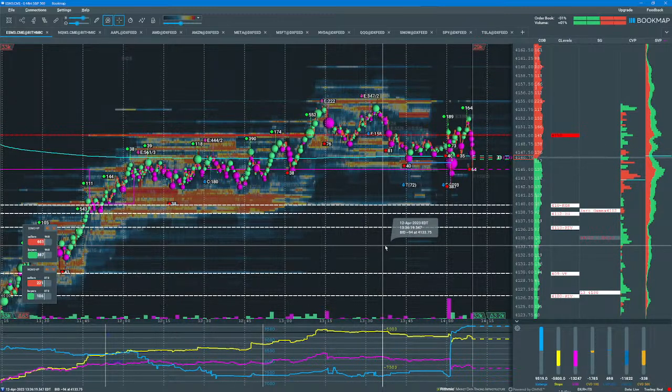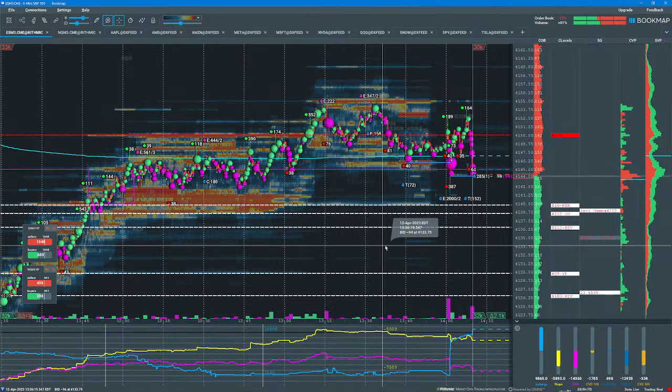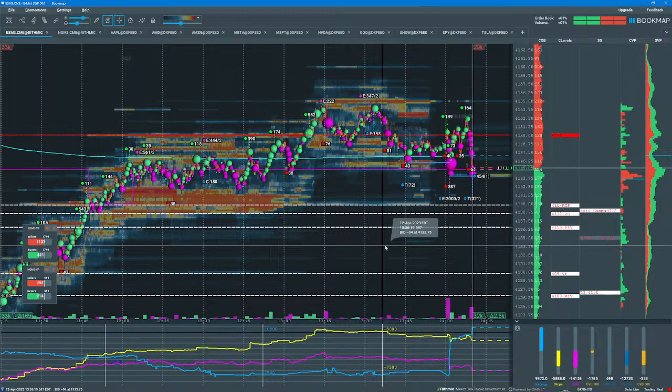So a shorter time period moving average is more sensitive to recent changes than a very long-term period moving average. Think about a 20 period moving average versus a 200 period, or a 20 versus a 50 or whatever.